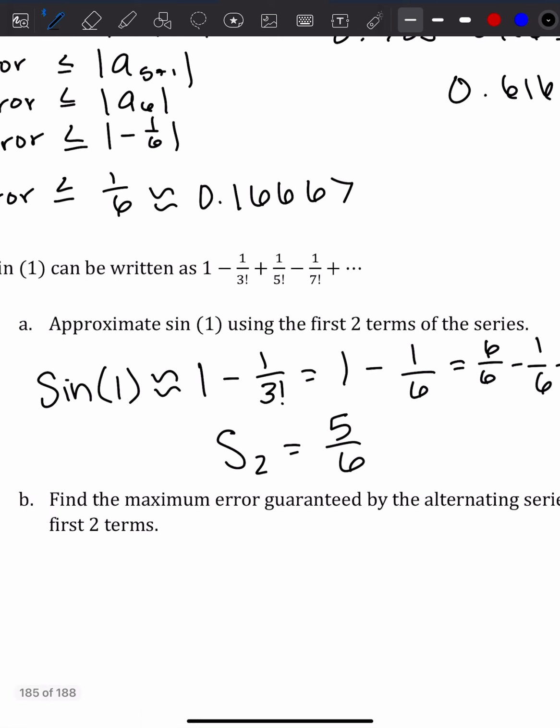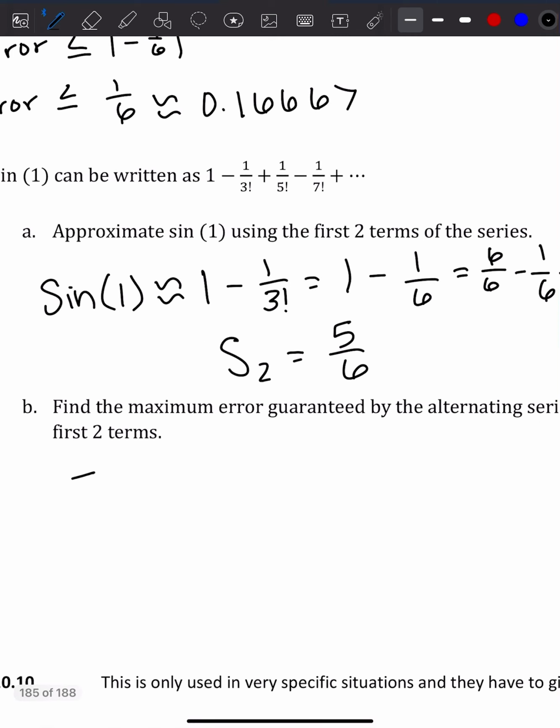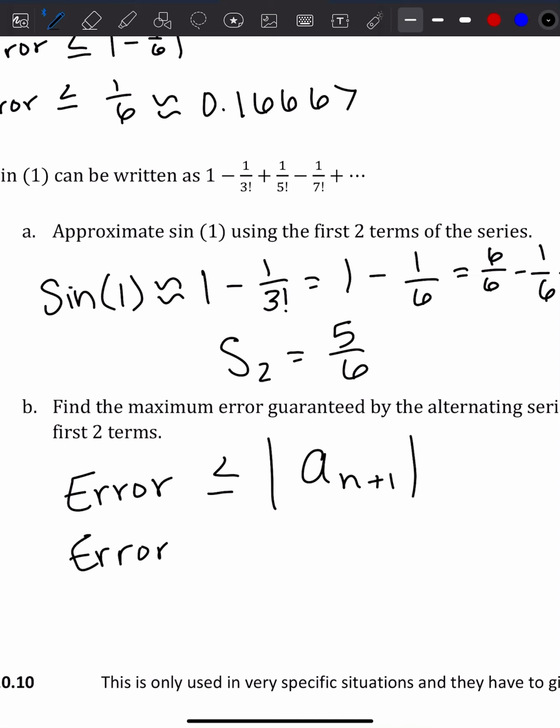So when we're looking at this, we know our error is less than or equal to the absolute value of a sub n plus 1, that next term. So if we look at what we have, our error has to be less than or equal to the absolute value of a sub 3.